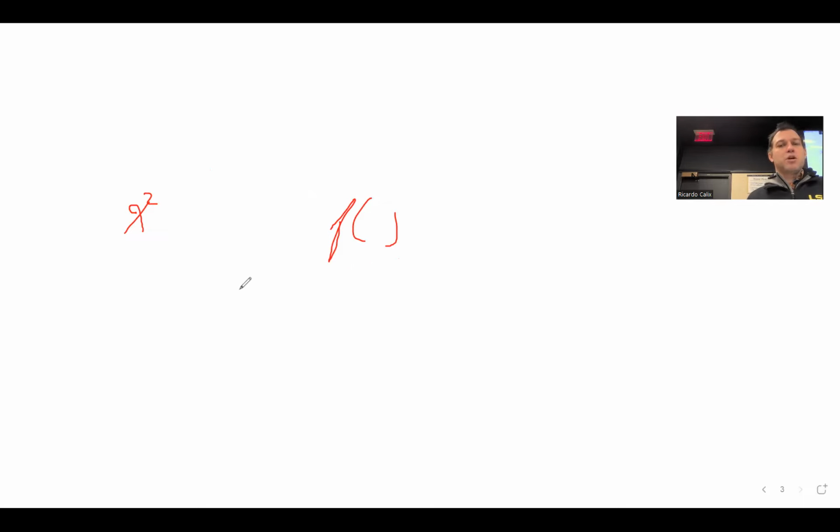It'll figure out some structure. It can approximate that one. It can approximate a polynomial function. In fact, the theorem says it can approximate any function you can think of.